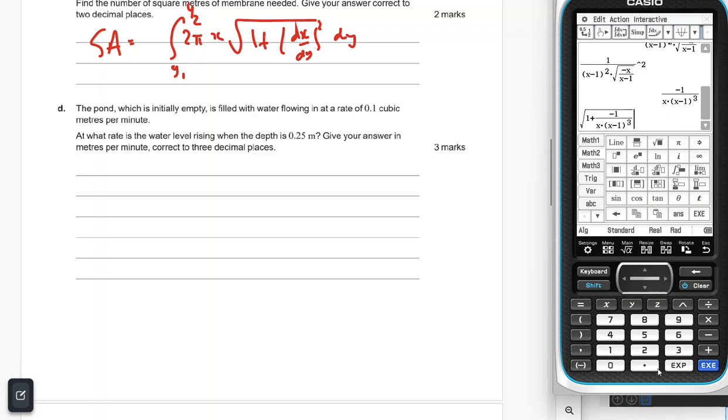And then I wish 2 pi, and then I need x, which is going to be this expression here. And I wish to integrate all of that from 0 to 1/2 with respect to x.